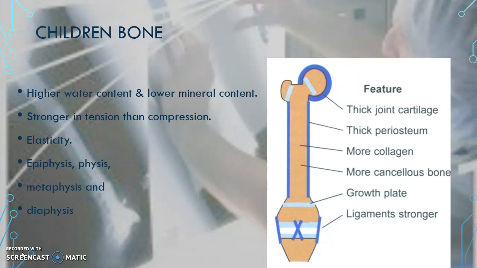The pediatric bone contains higher water content and a lower mineral content that results in a low modulus of elasticity, and these bones fail in tension and compression as well, but the metaphyseal area fails in compression, while the diaphyseal area fails in tension.